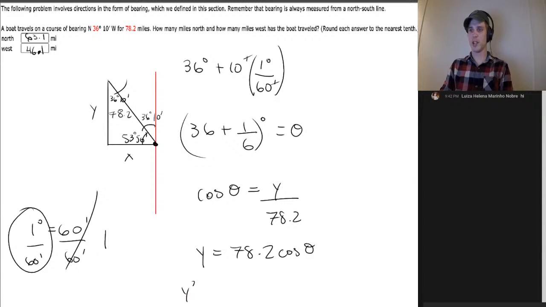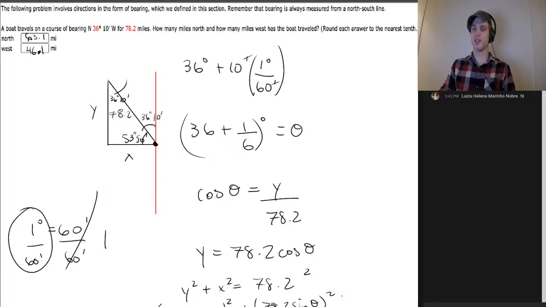If y squared plus x squared is supposed to equal 78.2 squared, that's the goal, right? Well, y is 78.2 times the cosine of theta, squared. And then x squared is 78.2 times the sine of theta squared.